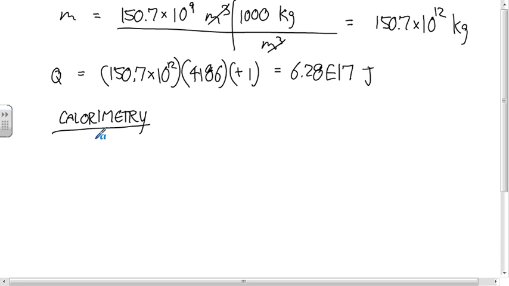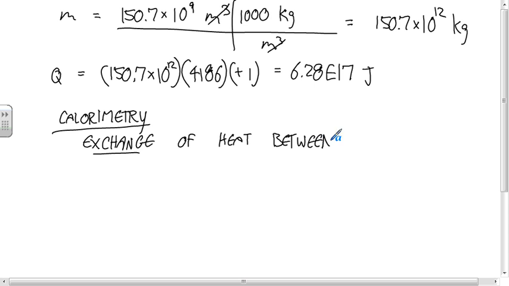Okay, so this has to do with the exchange of heat between multiple bodies in a system.